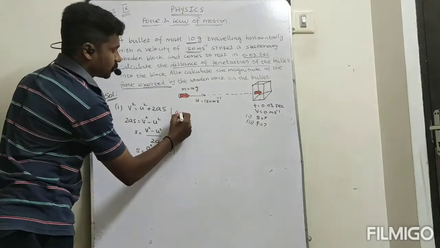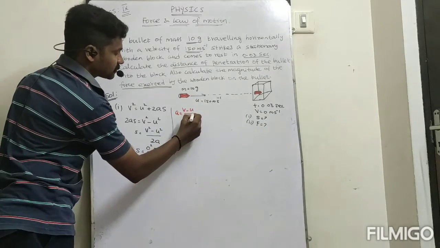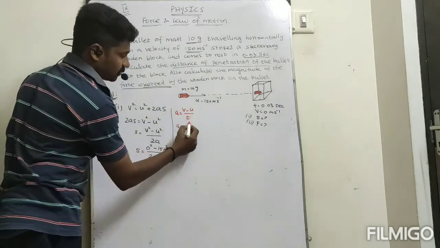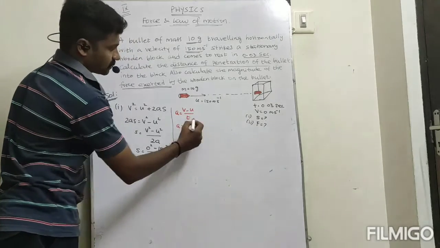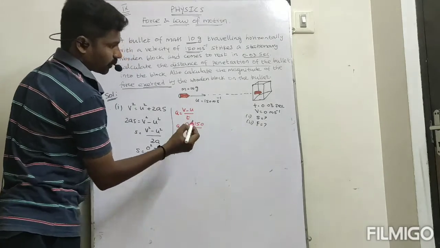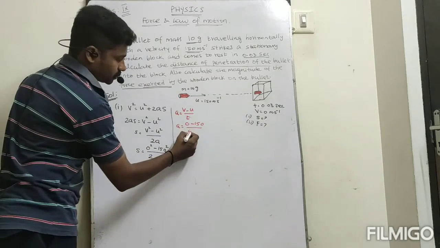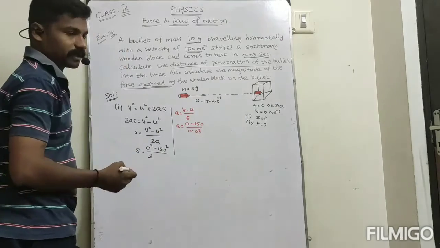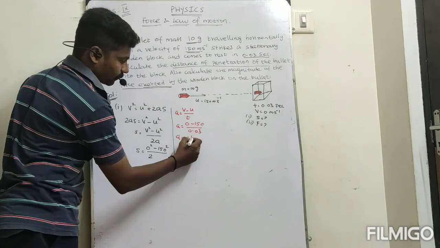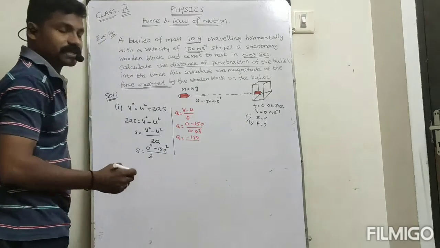Acceleration is the change in velocity divided by time. So acceleration is final velocity 0 minus initial velocity 150, divided by time 0.03.